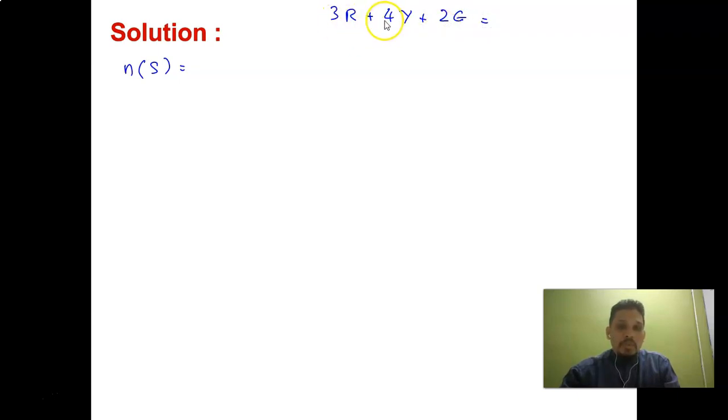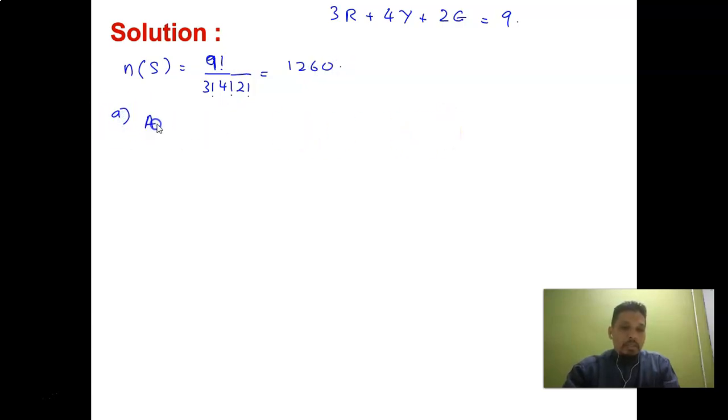So 3 plus 4 equals 7, plus 2 equals 9. So it is 9 factorial for arranging all the marbles. And don't forget they are identical, so divide by 3 factorial, 4 factorial, and 2 factorial, equal to 1260.